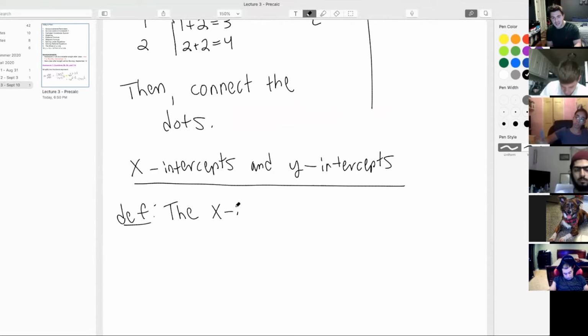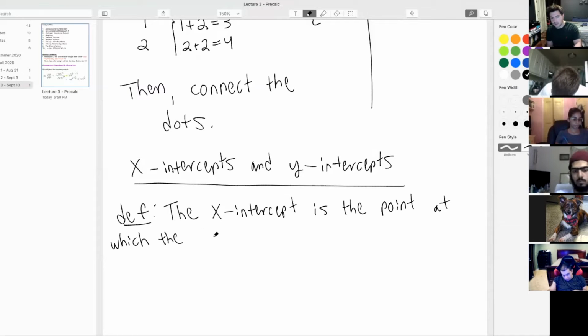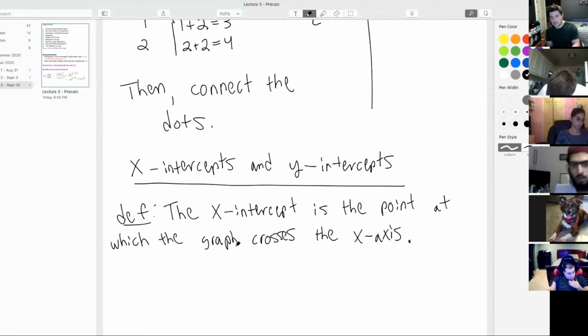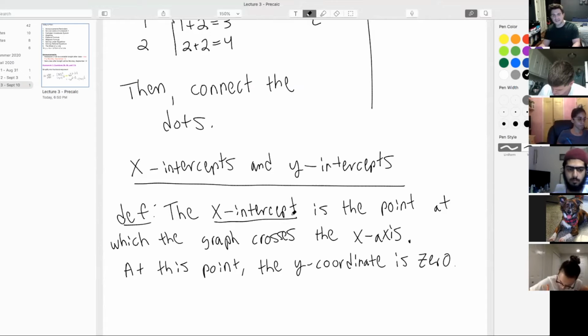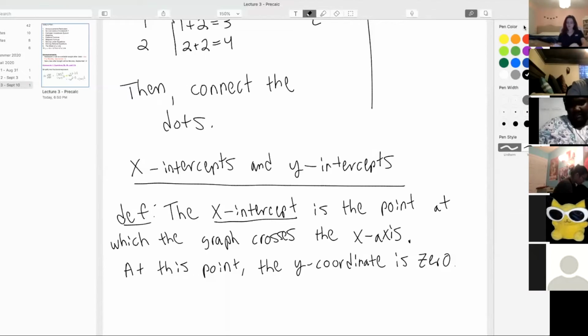The x-intercept is the point at which the graph crosses the x-axis. At this point, the y coordinate is 0. So that's the x-intercept. It's just the point at which the graph crosses the x-axis.